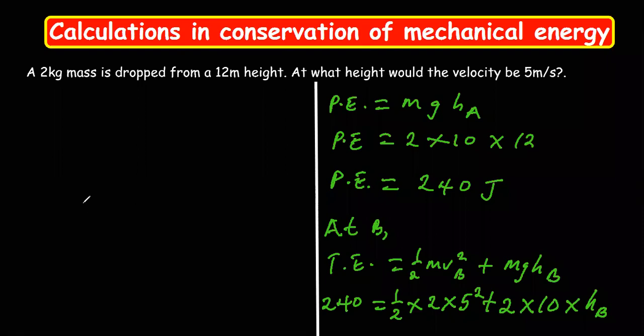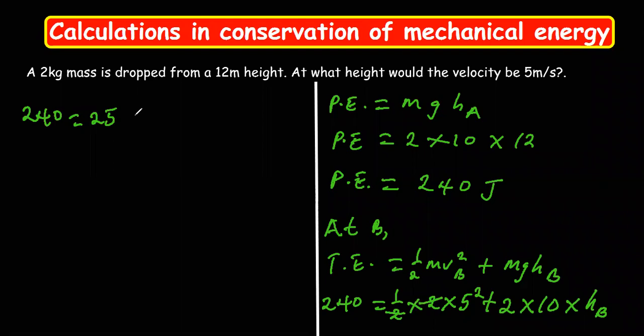Okay. So we have 240. I want to say that this 2 will cancel these 2. Let's not waste time. So we have 5 squared, which is 25, plus 2 times 10 is 20, 20 times HP.